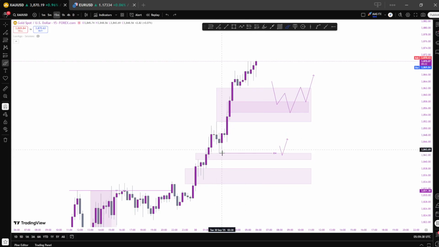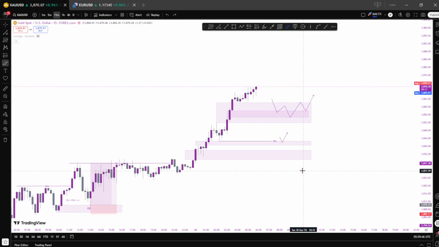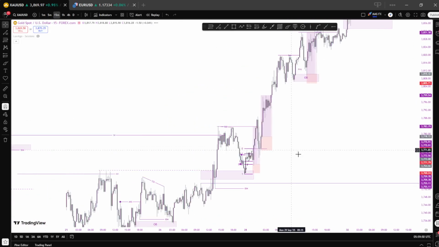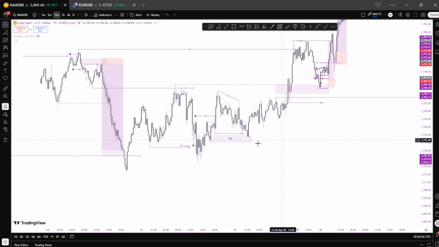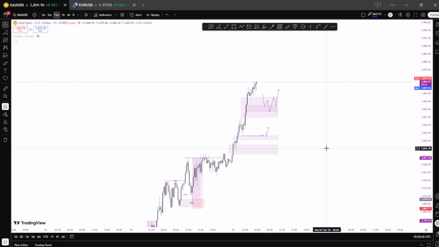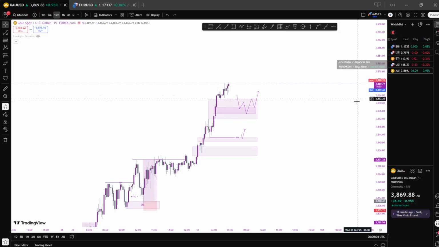If you get the sweep of this low over here, then we get a market structure shift. That would be much more ideal for me to target the high over here. But we'll see. It has been overly bullish. We managed to catch some bit of trades during the move to the upside. So let's see how price continues to react from the 1 hour PDRs.